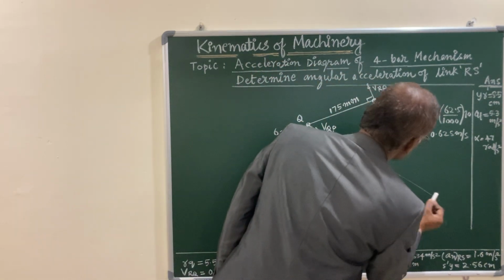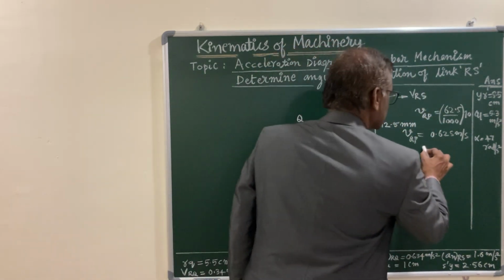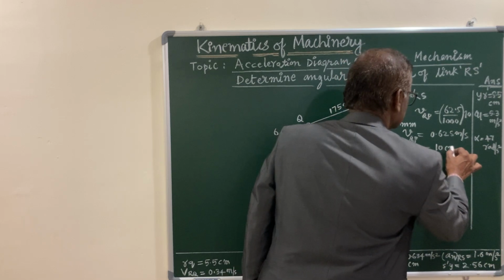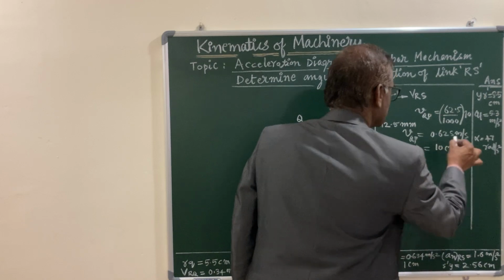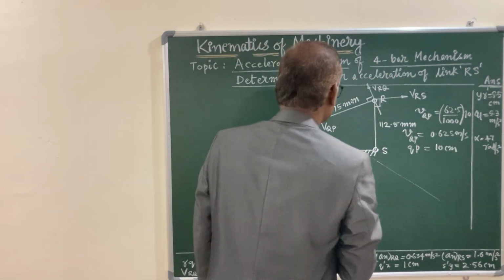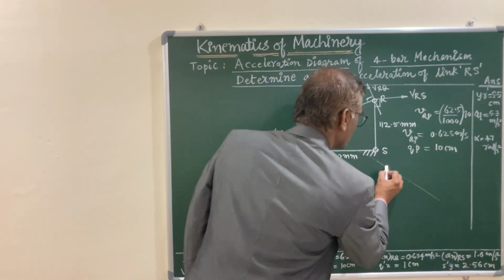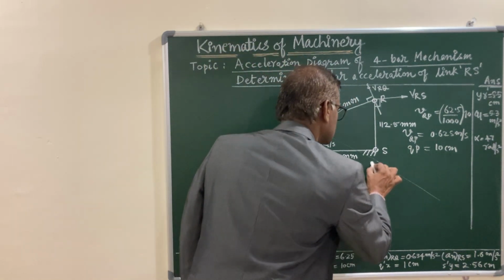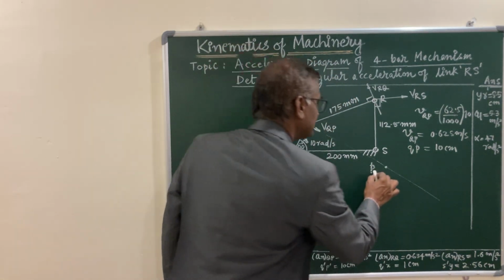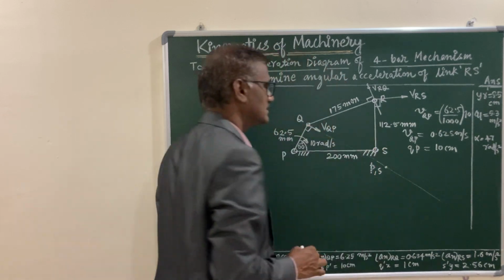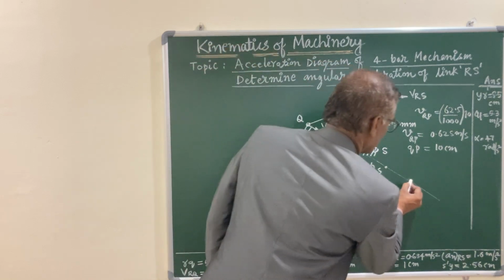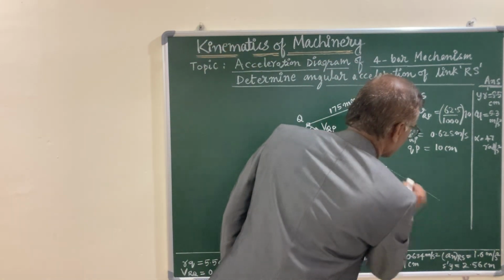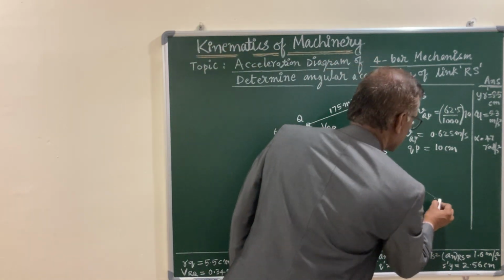Let us adopt a length of 10 centimeters for QP. Here P is your beginning point. Let us call it small p and small s, both are the ends of the fixed link, and let us draw a vector of 10 centimeters length.